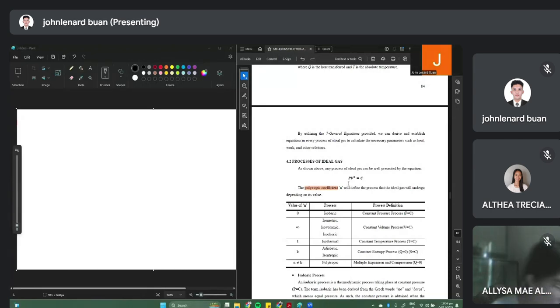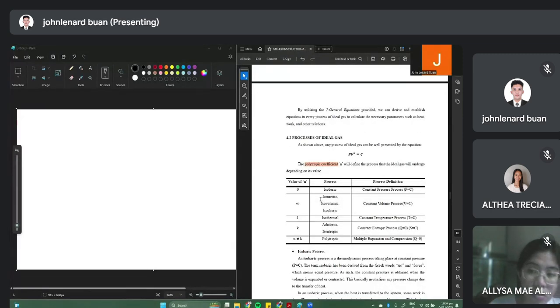And we have the following values of n. First, if the value of n is equal to 0, we call this process an isobaric process, meaning a constant pressure process.